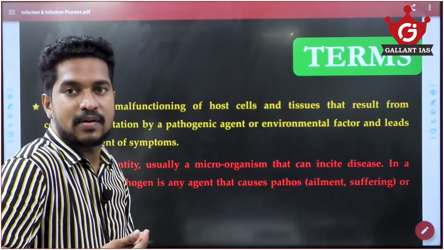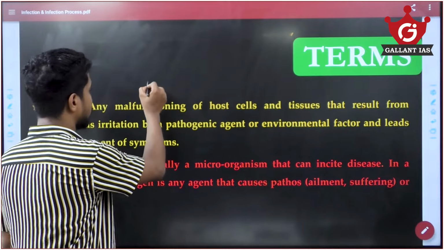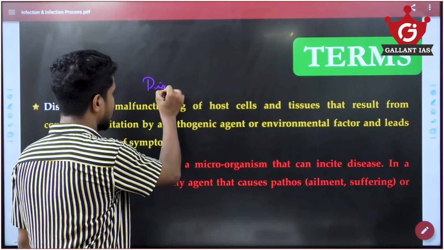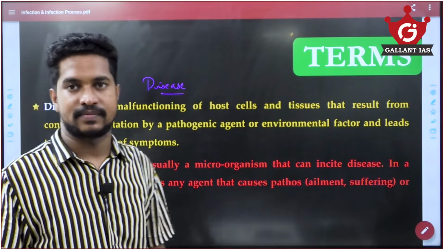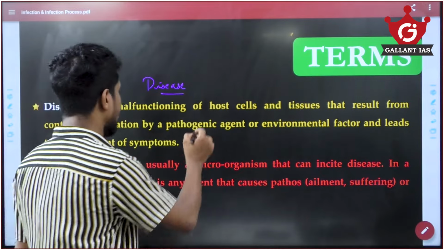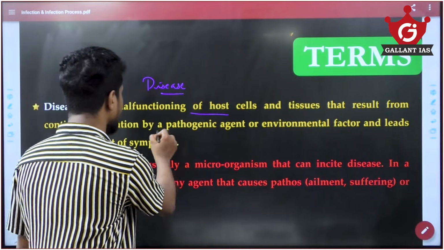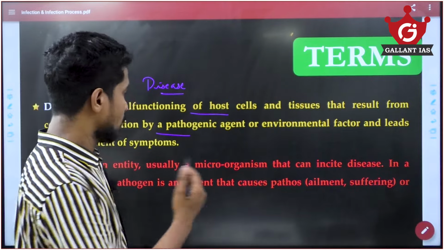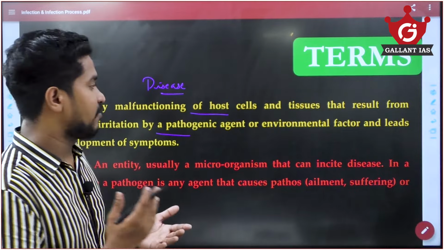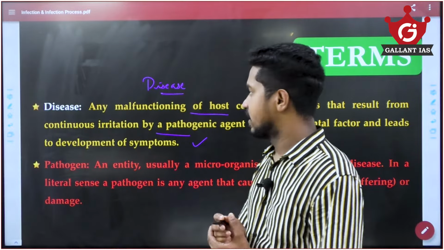Firstly, we will discuss the terms in pathology. The first term is disease. We all know what a disease is. Any malfunctioning of host cells and tissues that results from continuous irritation by a pathogenic agent or due to some environmental factors, and leads to the development of symptoms.